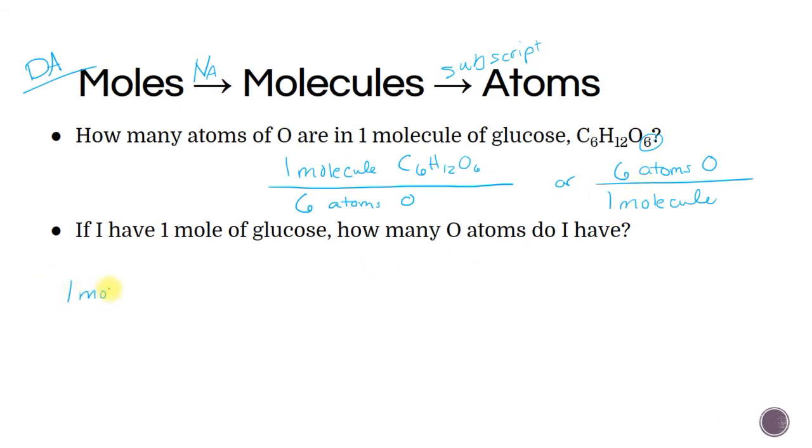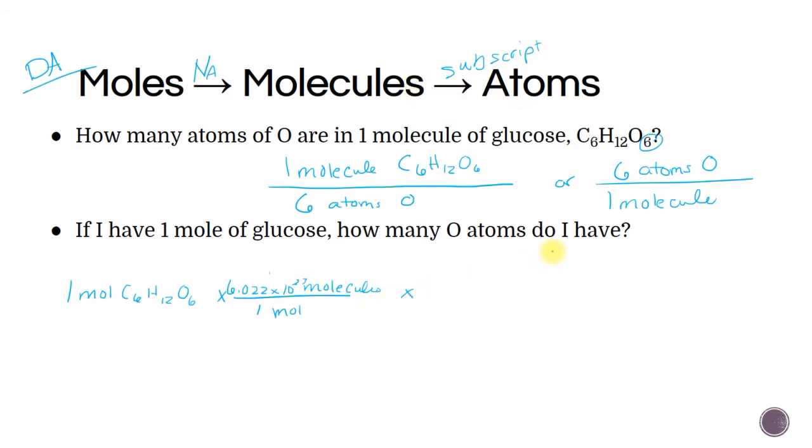So let's say I have 1 mole of glucose, and I want to know how many total atoms of oxygen are there. The first thing I've got to do is convert from moles into molecules. So that's where we're going to use that Avogadro's number. And then the second step is to go from molecules to atoms.